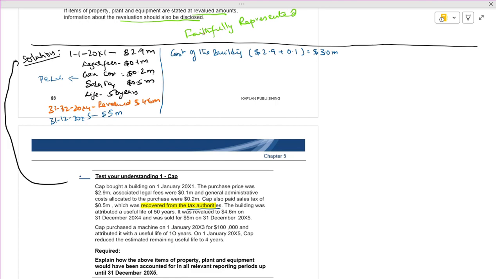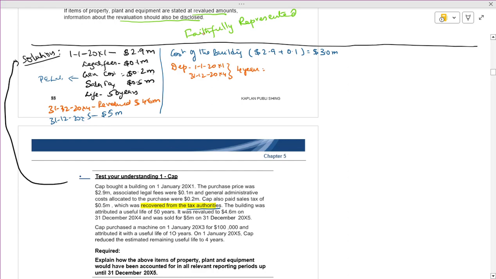Depreciation from when? Depreciation from 1/1/2001 to 31/12/2004. Is it right? 1, 2, 3, 4. For how many years? This will be for 4 years.